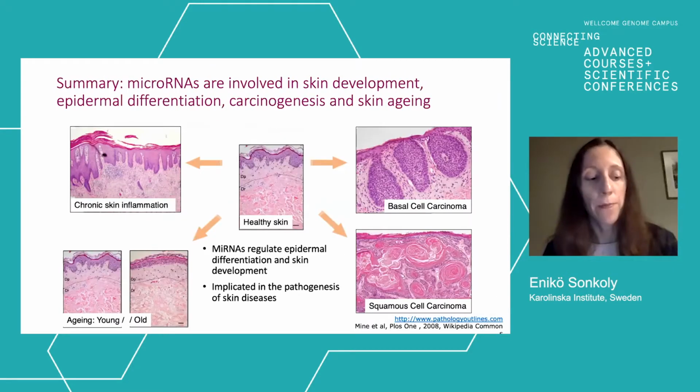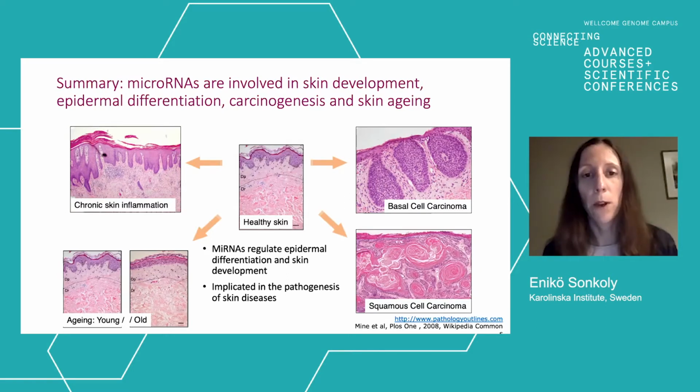So in summary, microRNAs are involved in skin development. There have been many studies now with transgenic and knockout animals showing that microRNAs regulate epidermal differentiation, they regulate skin development, and also the development of hair follicles, and in some cases also the sebaceous glands.